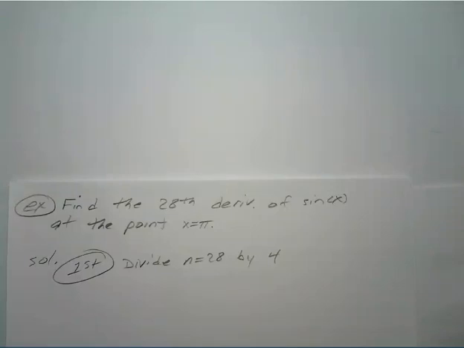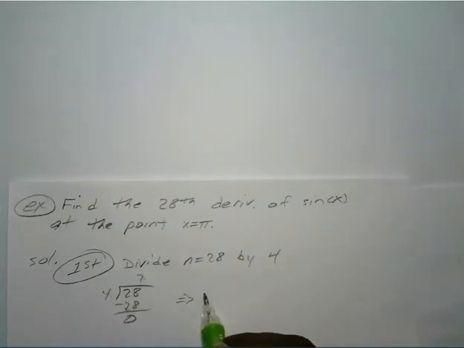You're always going to divide it by 4. So you have 28 divided by 4. 4 goes into 28 7 times. 4 times 7 is 28. The remainder is 0. Now this is where it gets interesting, because we know that 28 is equal to 4 times 7, plus 0.